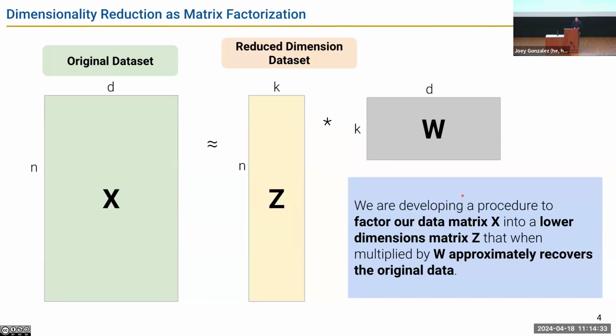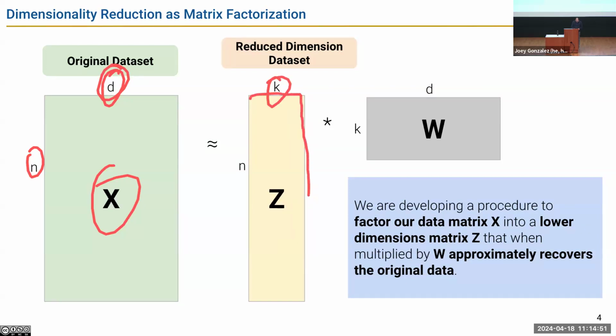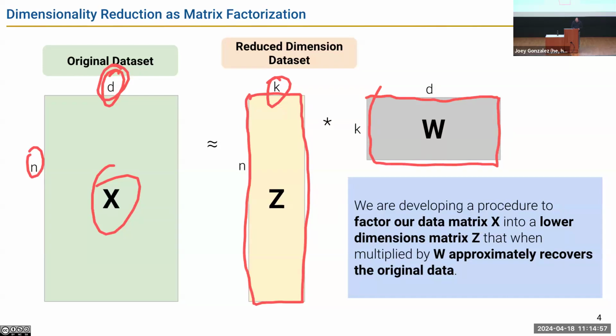But I said matrix factorization. So in the last lecture, I said, well, we have this big data set. That's our X. D is big, a lot of dimensions. We have a lot more data, but we have a lot of dimensions up here. Wouldn't it be nice if we could break this into a smaller table, which had just K dimensions, that when it's treated as a matrix, Z, if I multiply it by W, this magic matrix, which we have yet to figure out how to build, I would get back my original data, or something approximately like the original data.